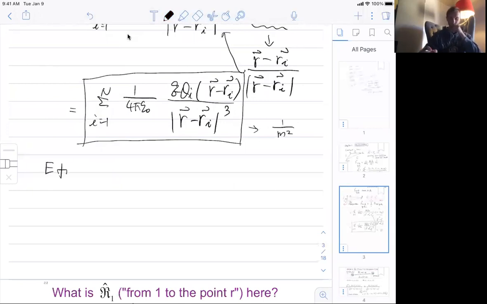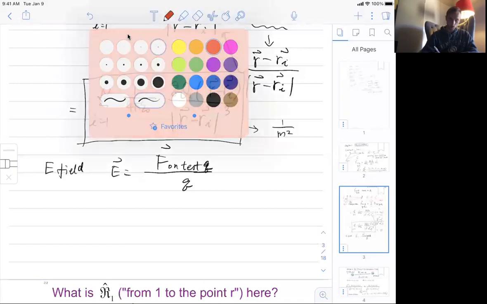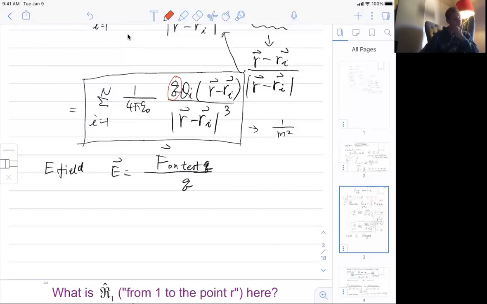So the electric field at the point of interest, we define it to be the force on the test charge divided by the total amount of this charge. So this is something we have learned in our intro physics. Now you can see that if we get rid of this little q, everything else simply is going to be the expression for your electric field.